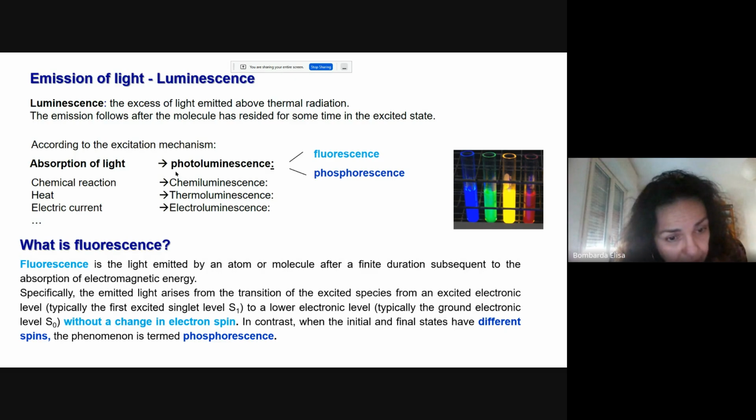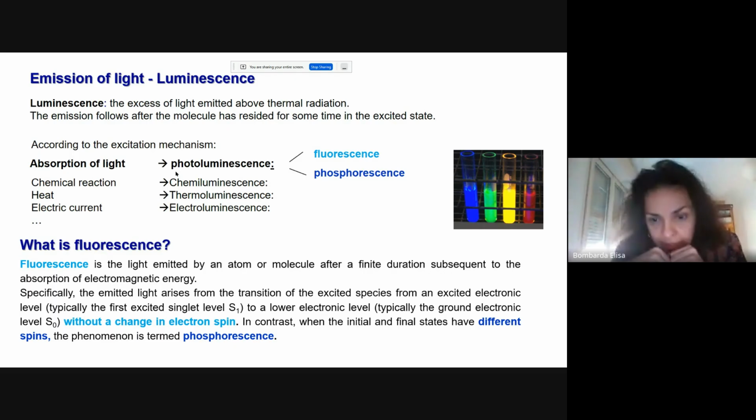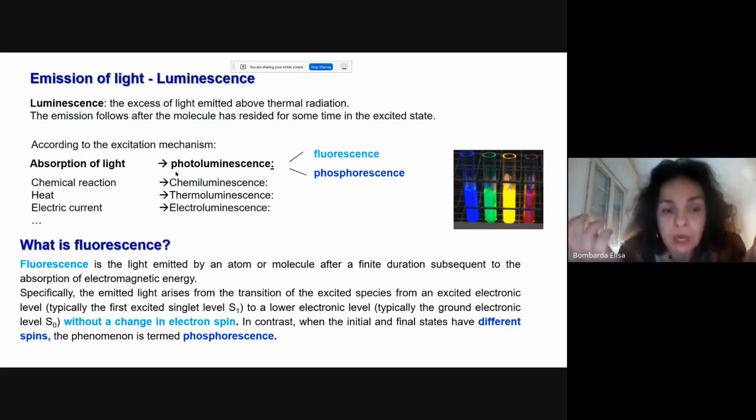The emitted light arises from a transition of the excited species from an excited electronic level to a lower electronic level. When this happens without a change in electronic spin, then we have fluorescence.